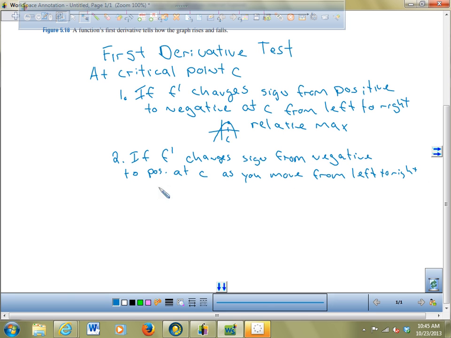Then there's a relative minimum, also known as a local minimum at c.